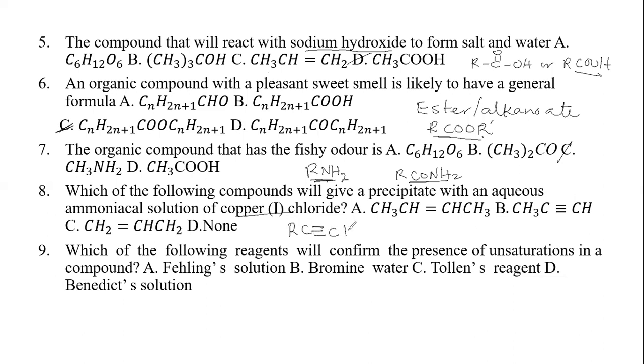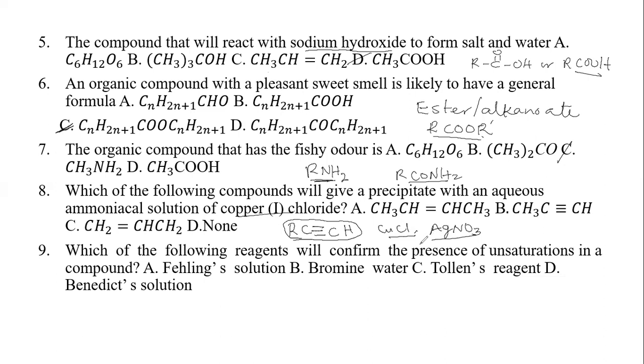Terminal alkynes represented by this general formula will form precipitates with ammoniacal copper 1 chloride and ammoniacal silver nitrate. So these two reagents are used to distinguish terminal alkynes from non-terminal alkynes.